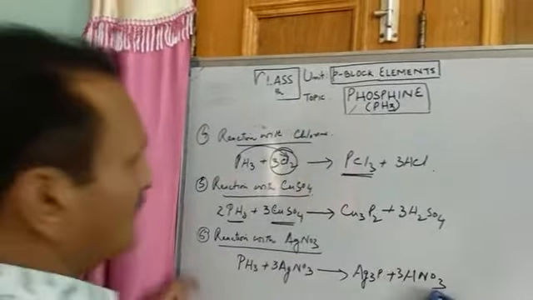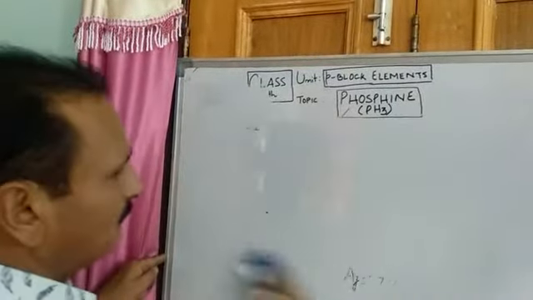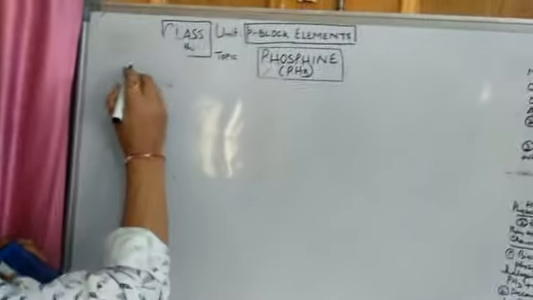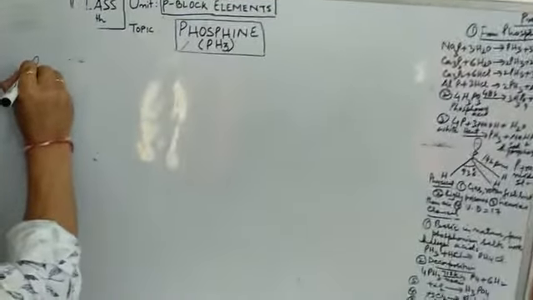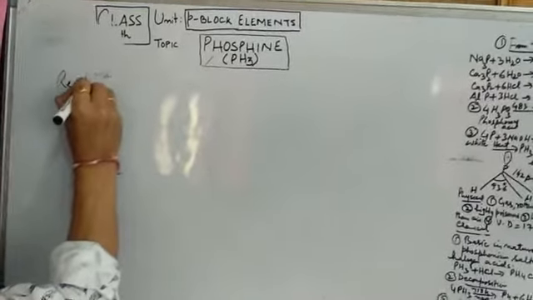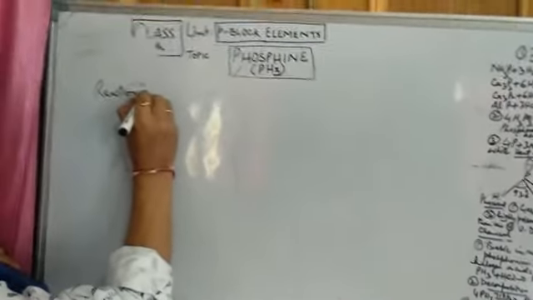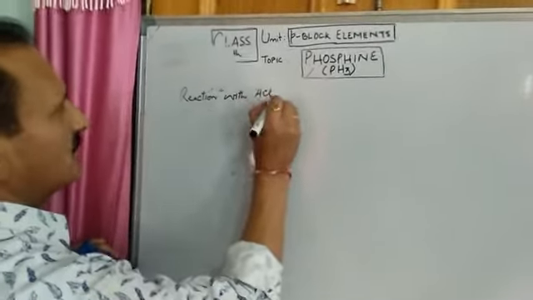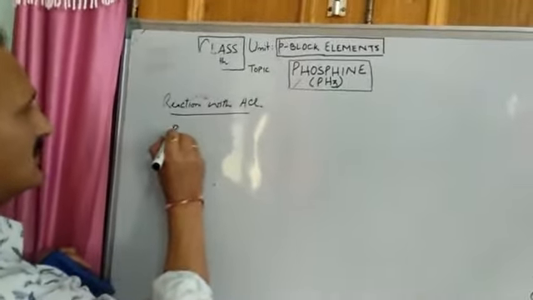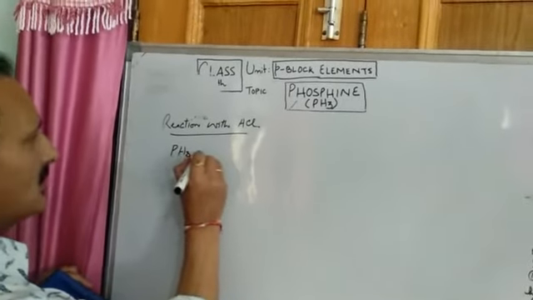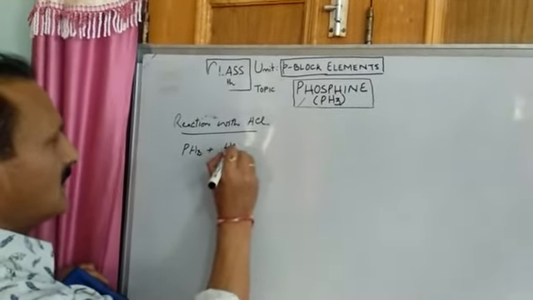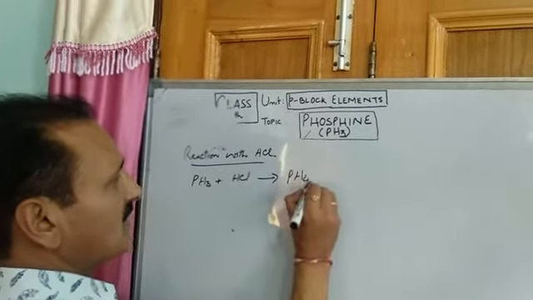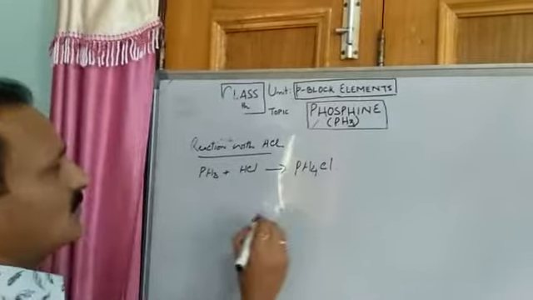Coming to another property, reaction with HCl, that is hydrochloric acid. Now this is phosphine with HCl. This will be phosphonium chloride, PH4Cl.